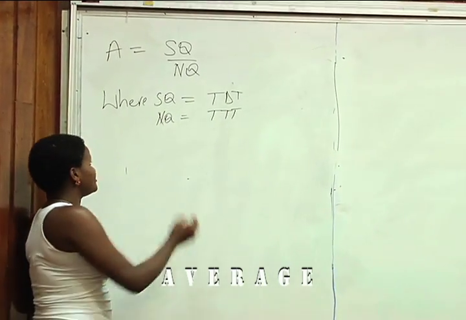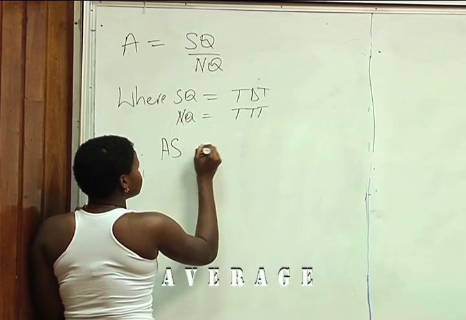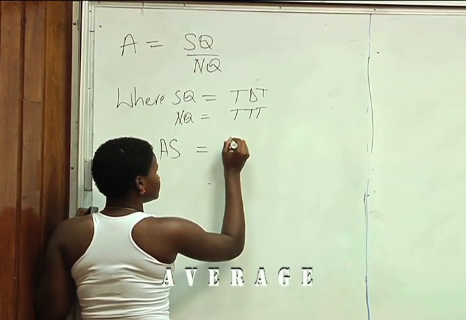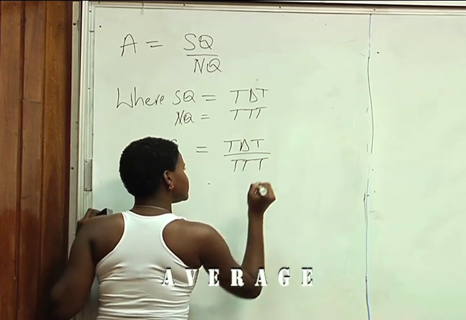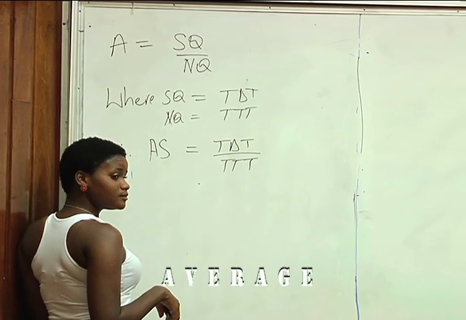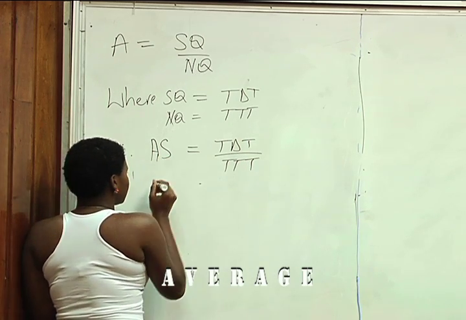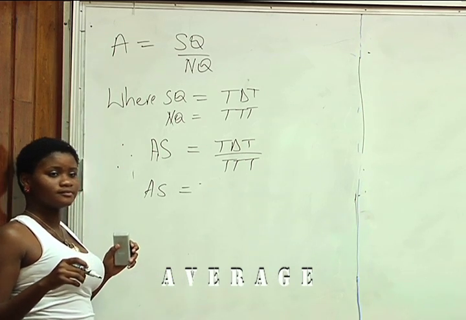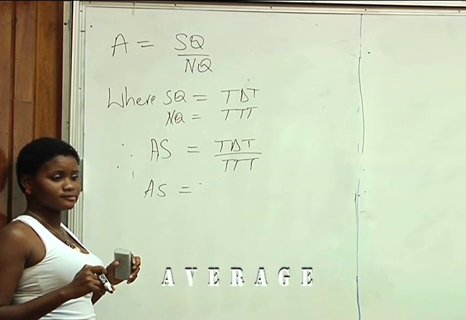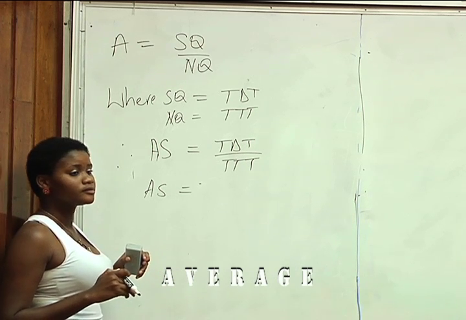So therefore, average speed AS equals TDT over TTT. See that? Based on this question, a train travels for 4 hours at an average speed of 64 km/h. What do we know from that question?